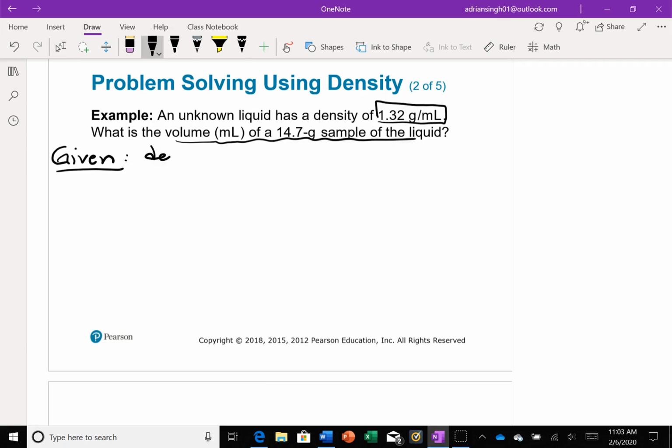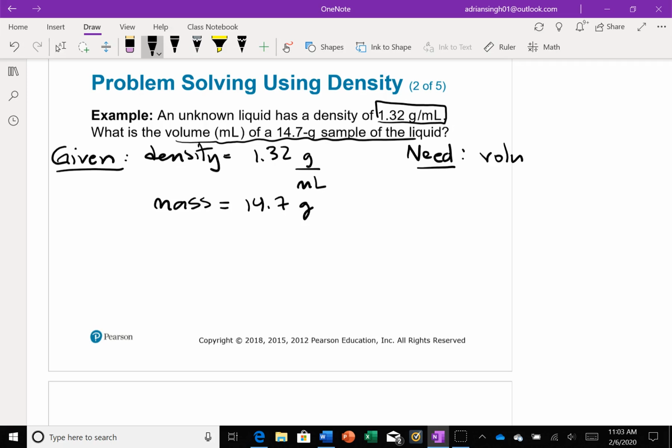We're given the density, 1.32 grams per milliliter. We are given the mass of the sample as 14.7 grams, and what we need is the volume, right, in milliliters.